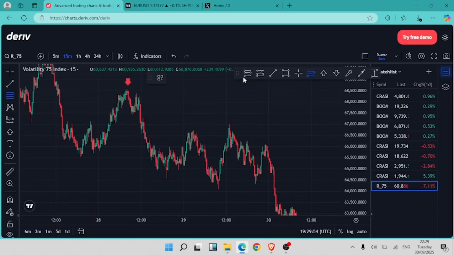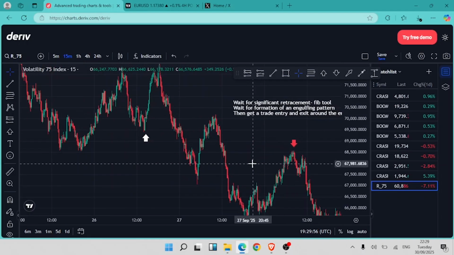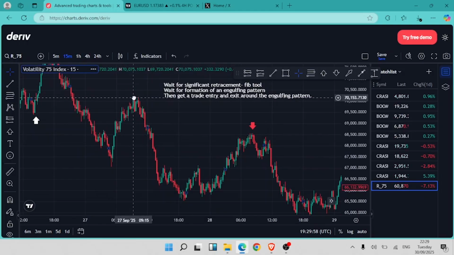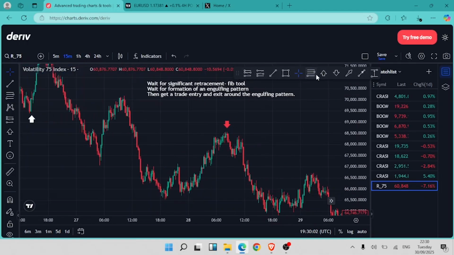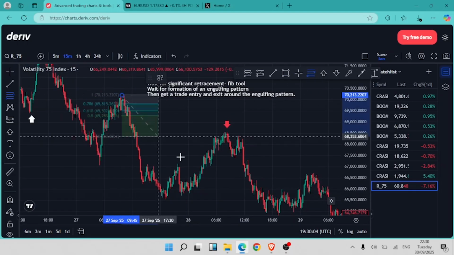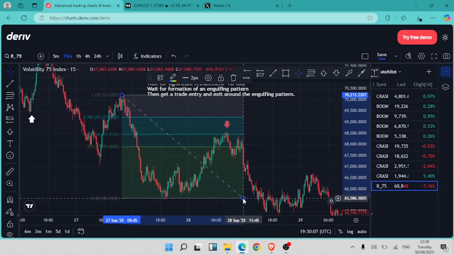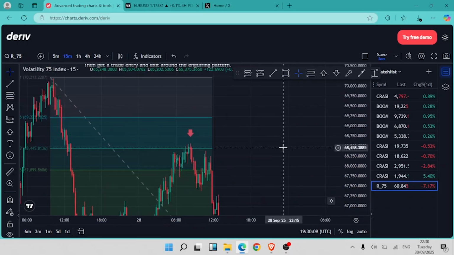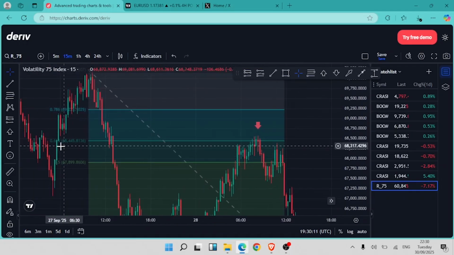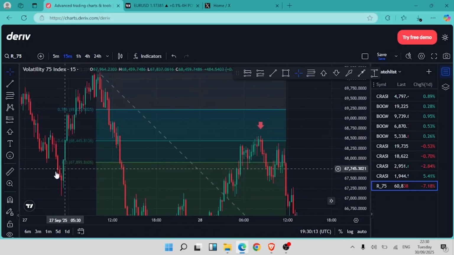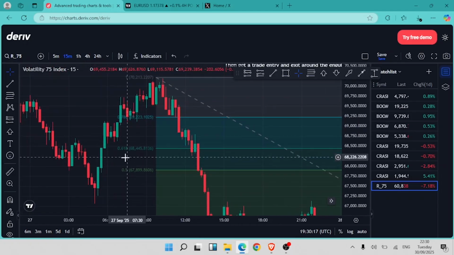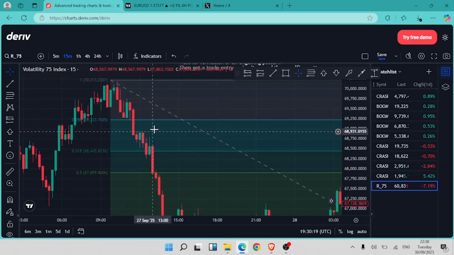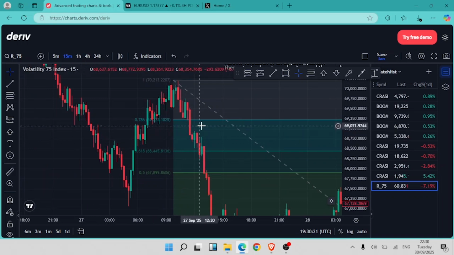So I'll just start off with an example right here. You can see we had a move from this point to this point, and then a retracement. So bringing in your Fibonacci tool or your dealing range tool, whichever tool you choose to use. So this is 61.8, I want to believe, 61.8 to 78.